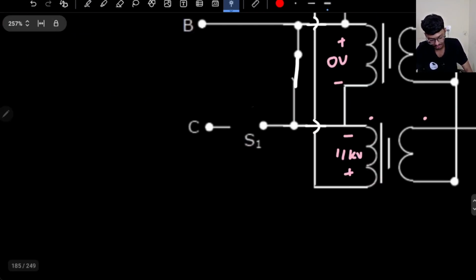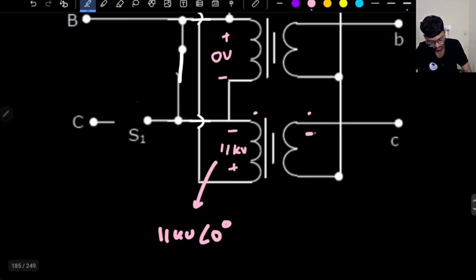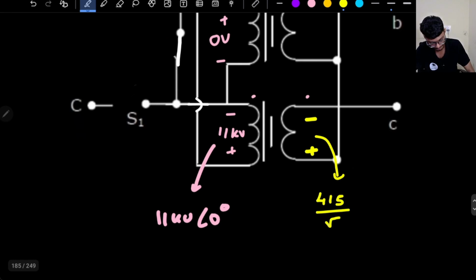So this value will be 11 kilovolt angle 0 degrees, and if I go into the secondary, this also will be plus minus 415 divided by root 3. What will be the phase angle? There is no phase difference between the coil voltages. So 415 divided by root 3, this will be angle 0.